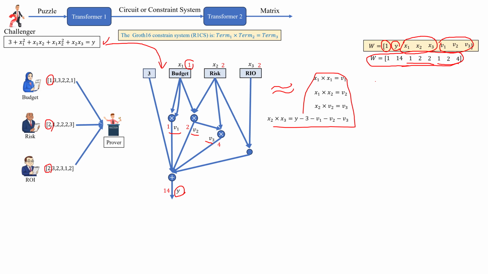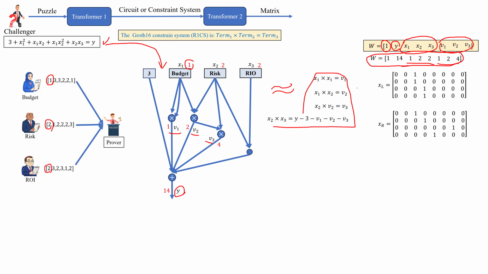So other than the witness vector or witness matrix, we need to define the matrix XL, the matrix XR, and the matrix XO. XL is the matrix related to the left inputs to the gates, XR is the matrix related to the right inputs to the gates, and XO is the matrix related to the output of the gates.